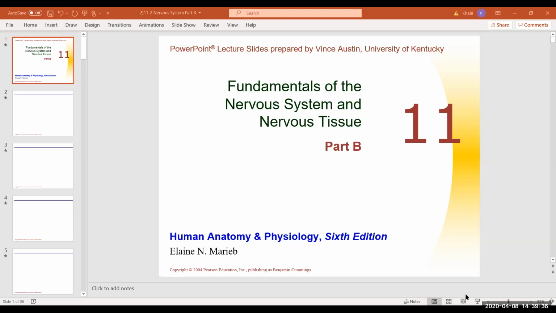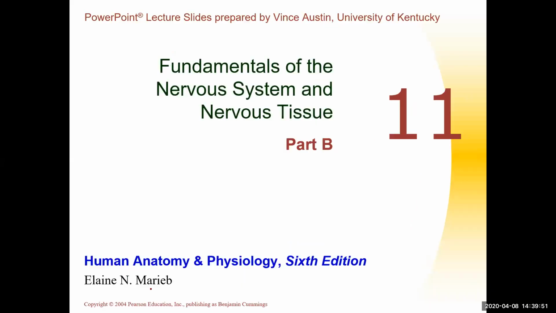Hello, I'm going to go over part B, chapter 11, the rest of the action potential that we discussed earlier. Before we go on and talk about the important concepts, you really need to review the activity of leak channels we discussed last time.